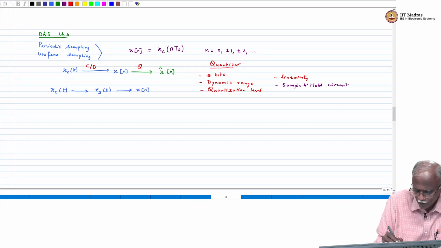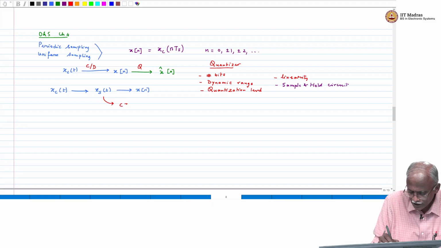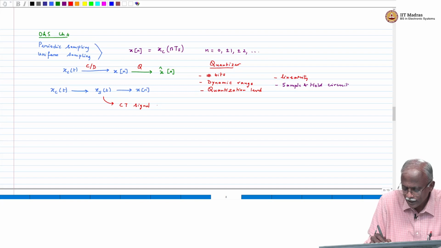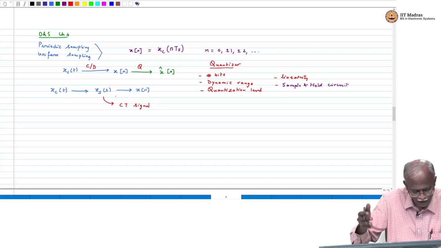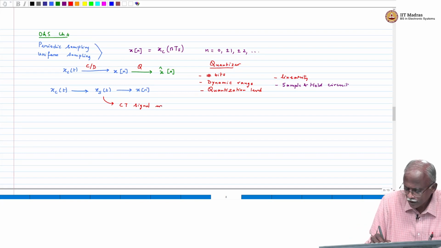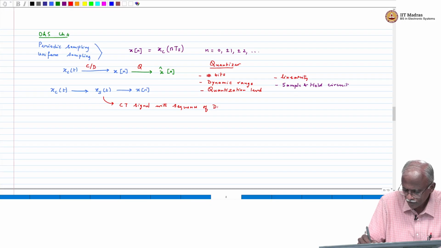Let me just give you a quick mention of what xs of t is. This is a continuous time signal. It consists of a number of Dirac delta functions.